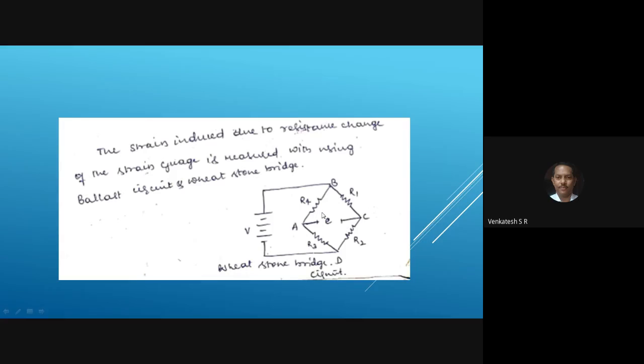Use this concept and connect any one resistance to the beam where you want to measure the bending strain. If you want to measure the axial strain, you can connect R1. So many methods are available. You can use one resistance or you can use four resistances. If you use all four resistances, you will get the accurate answer.